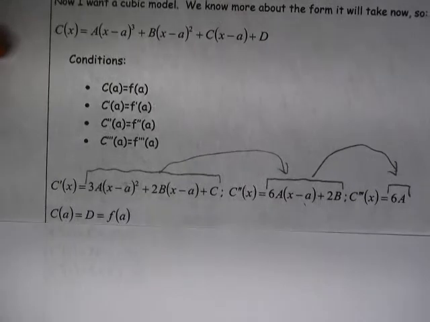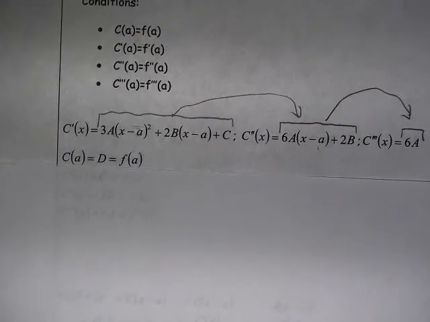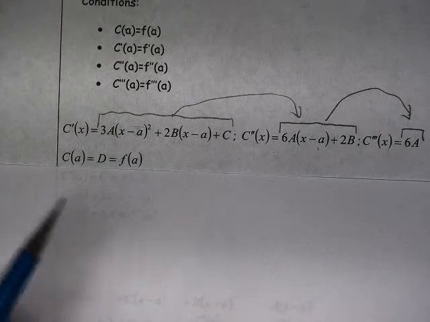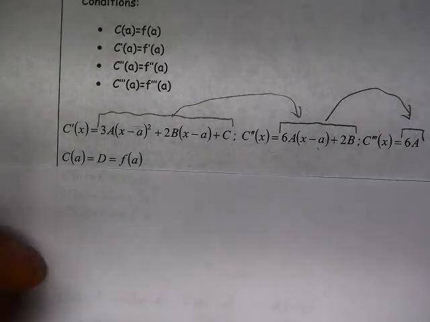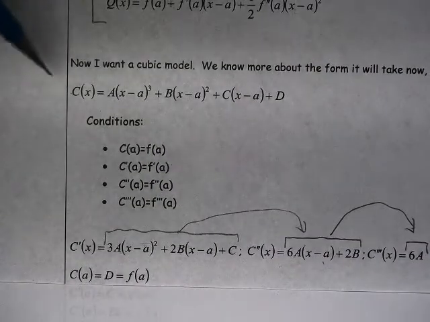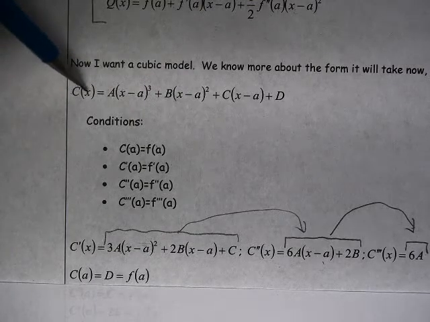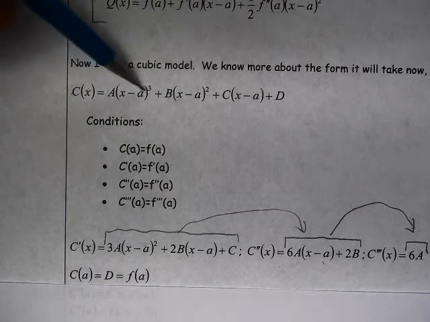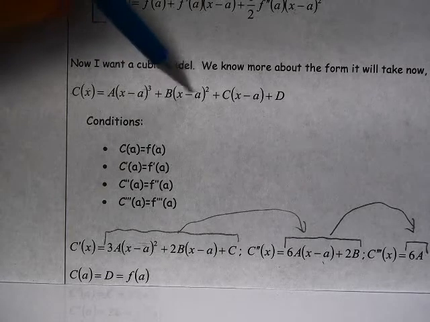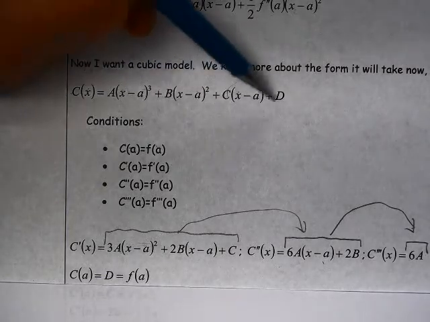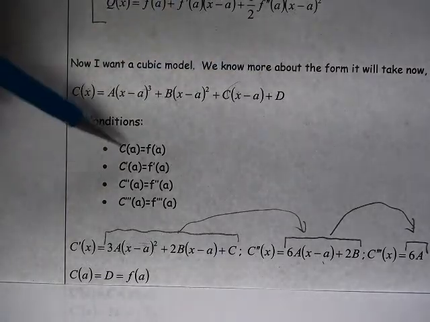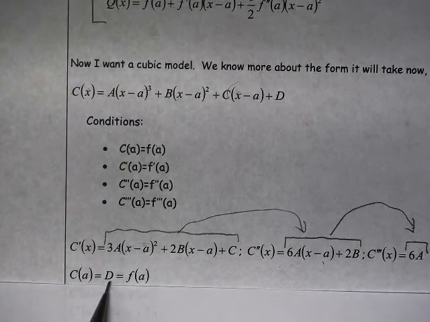So when we say C of a has to equal f of a, if I look at the original cubic, C of a is going to be a minus a is 0, a minus a is 0, a minus a is 0, only the d is left. So for C of a to equal f of a, our capital D has to equal f of a.